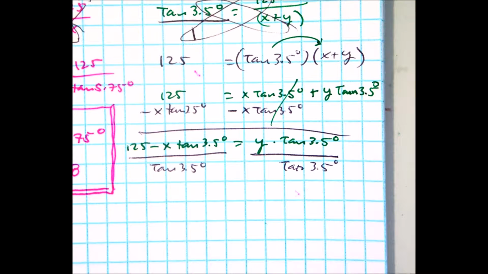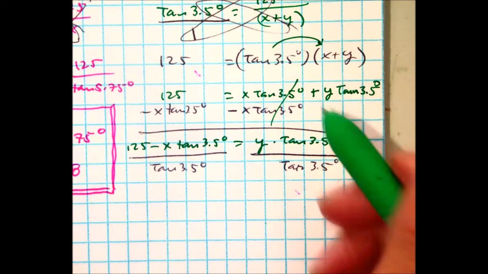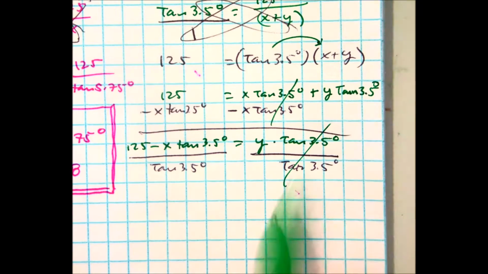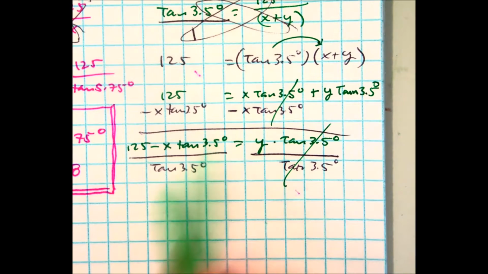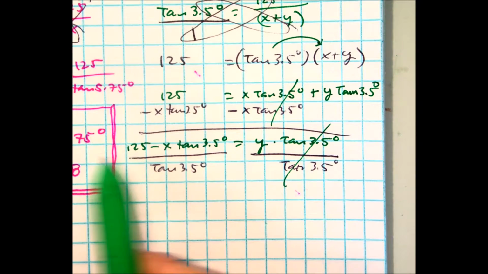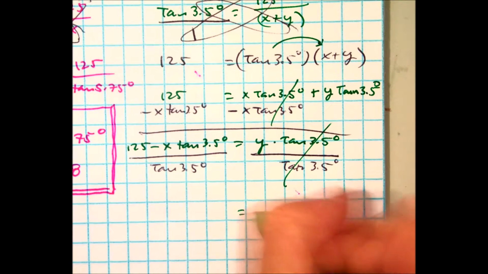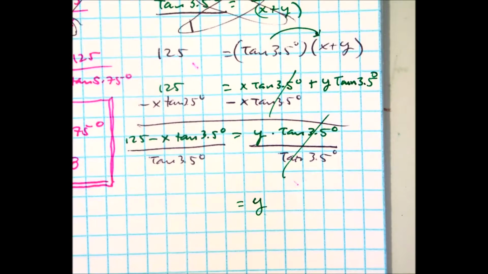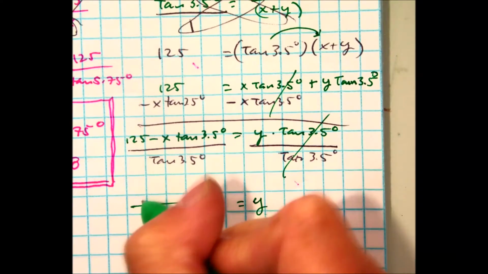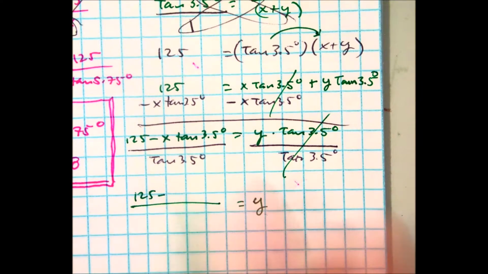So over here, I can cancel these, but here I cannot cancel. It is not a common factor in all of the numerator. So I currently have y equals 125 minus x.